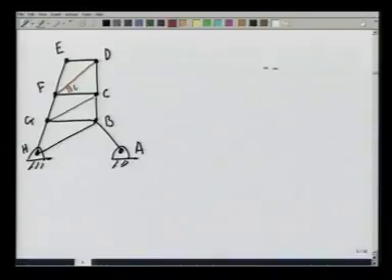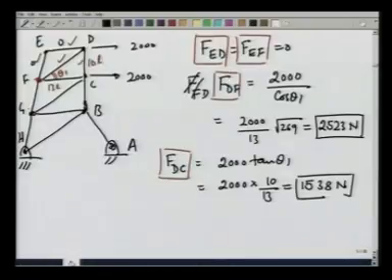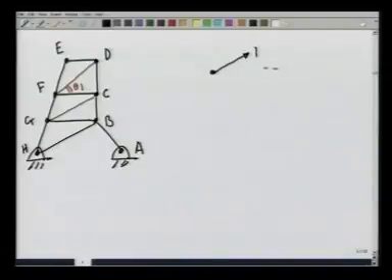This is angle theta 1. If I look at point F, it has a force EF which is 0, it has force DF, F_DF acting at an angle theta 1.